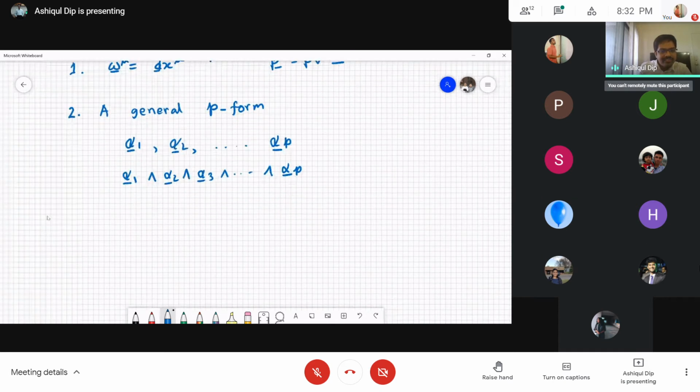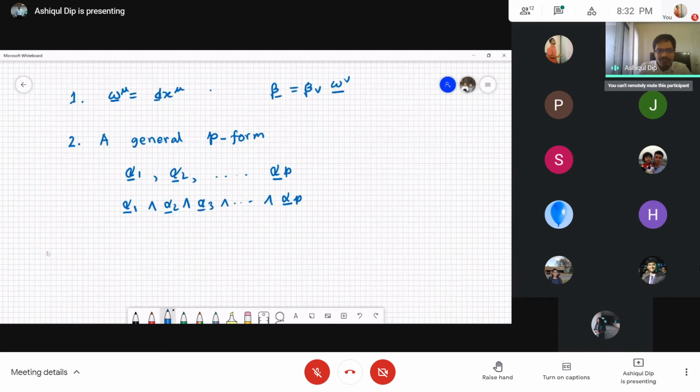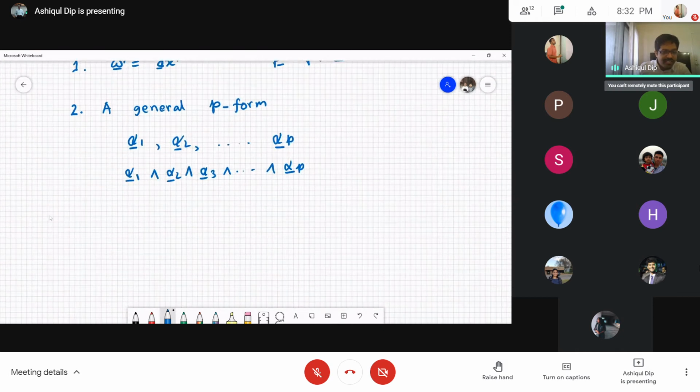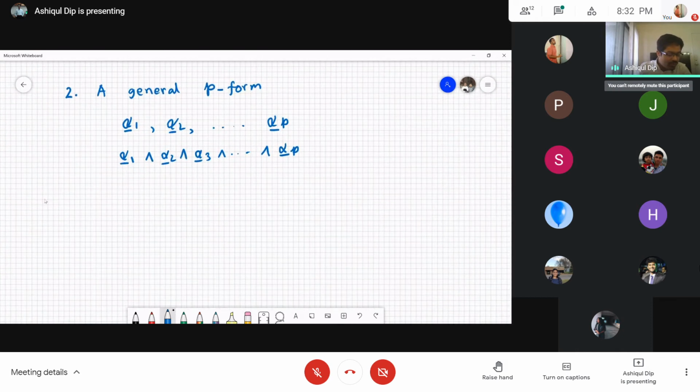So let's write in terms of some basis one forms. If you have a P form, say let's call it beta, then it should have a basis like this.